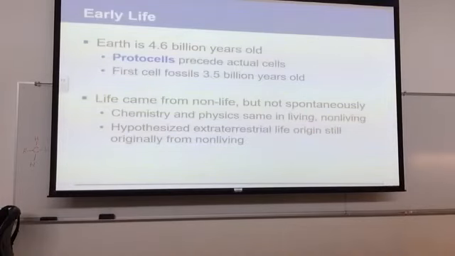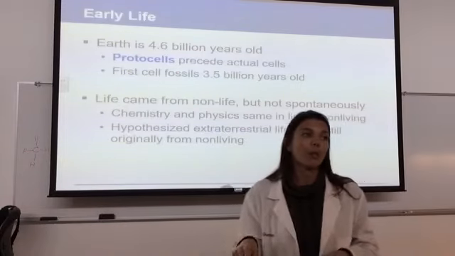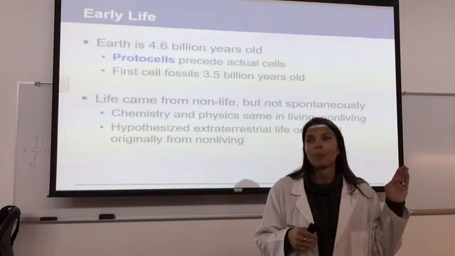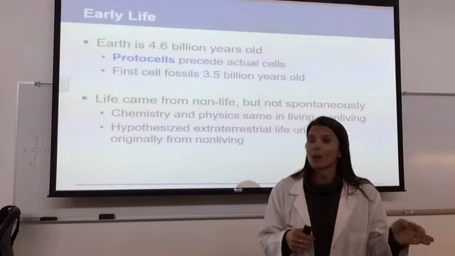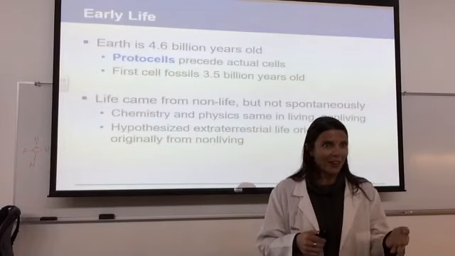And that's what we're going to cover in this lecture today, that time period in between and how life initially started. We do know, based on the cell theory, which was covered in 1406, that all cells come from pre-existing cells. But then the question is, well, then how did the first cell get here, right?